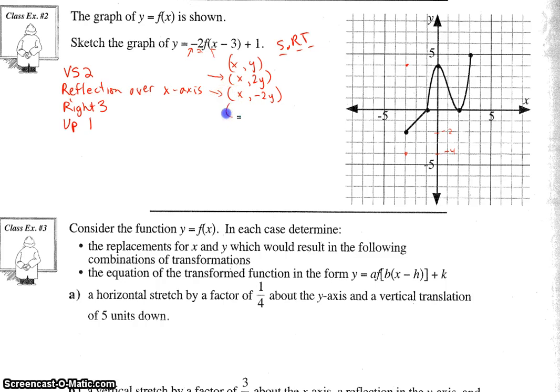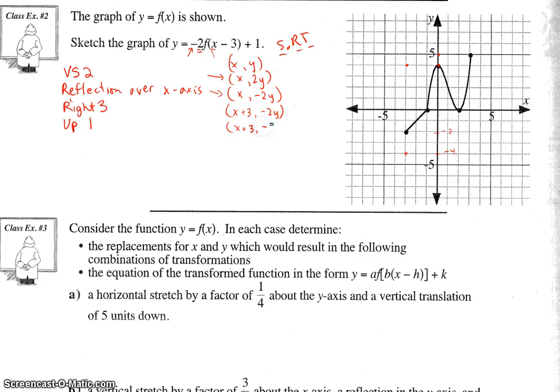Right 3: if I move this point right 3, I would end up here, and really what I did was add 3 to the x-coordinate. Negative 3 plus 3, I got 0. So if you take the x-coordinate and add 3, that moves the point right 3. Up 1: if I move that up 1, I've added 1 to the y-coordinate.